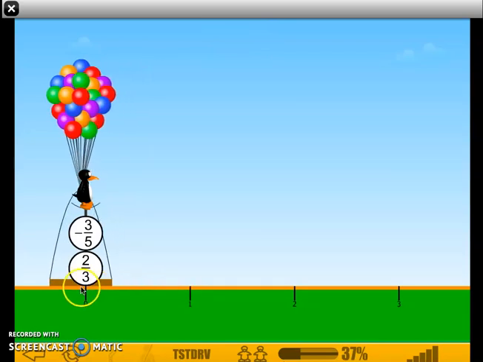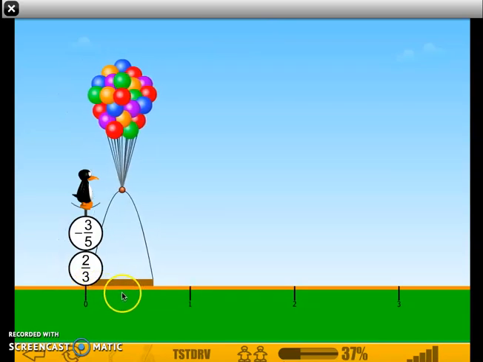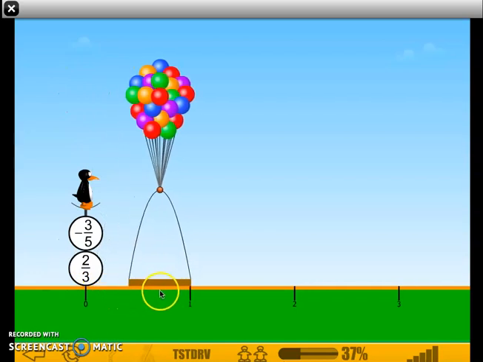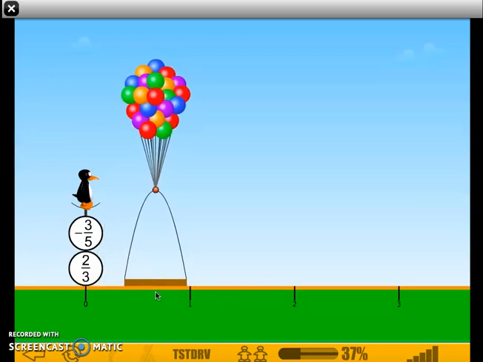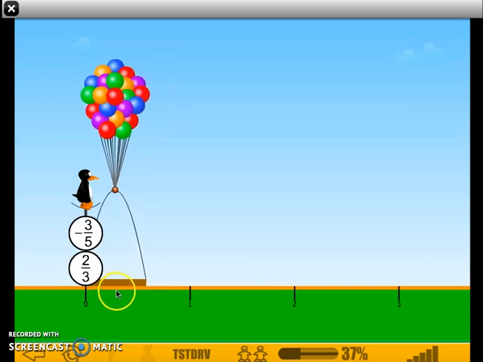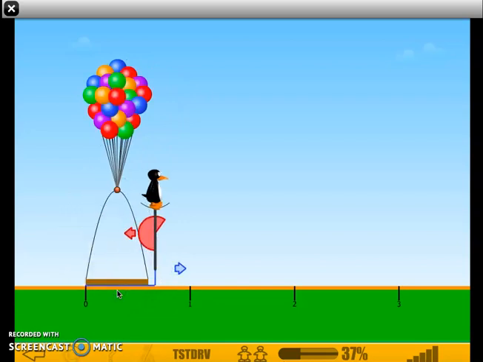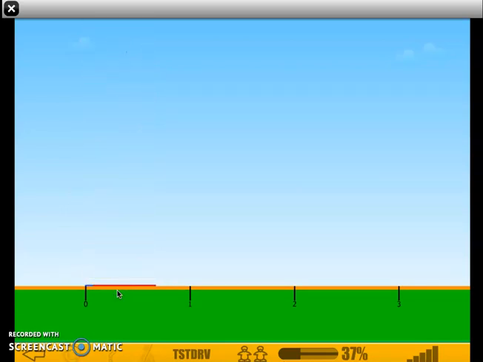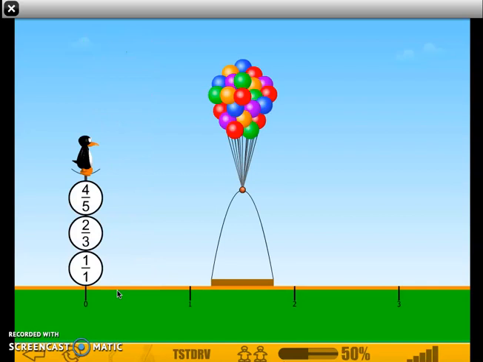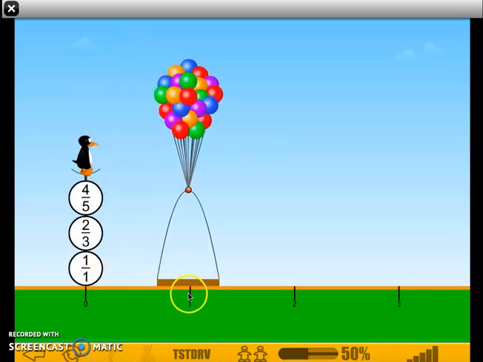Next, we have 2/3. So we can kind of visualize 1/3, 2/3. And then we're going to subtract 3/5. So that's going to put us somewhere around here. So again, we have 1.